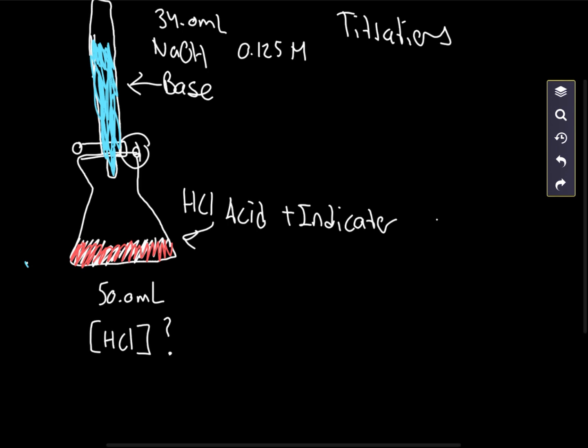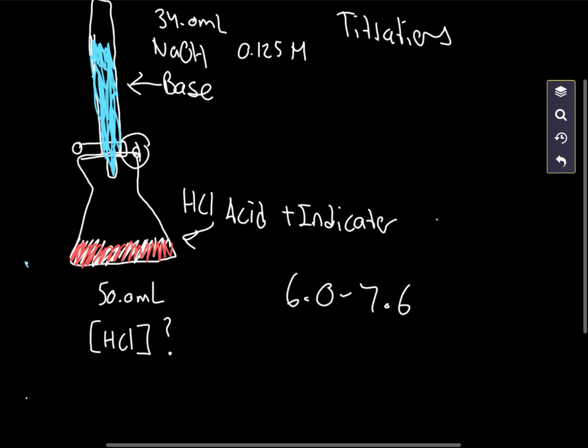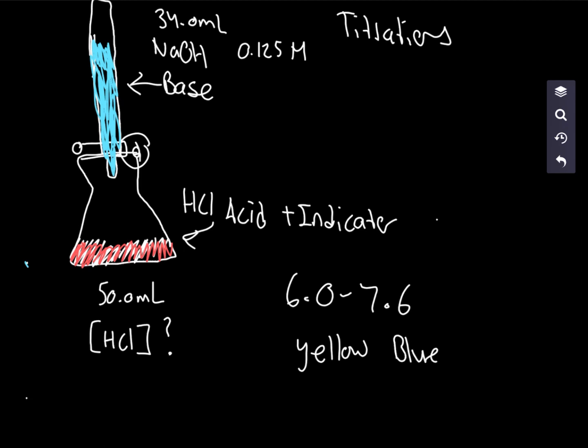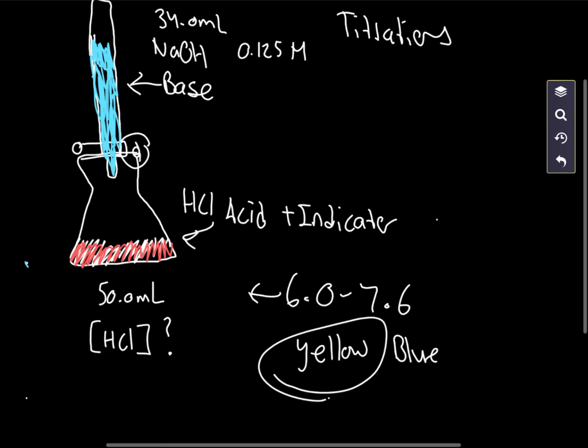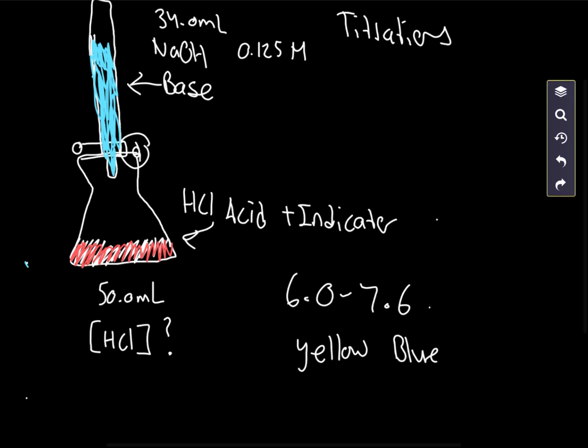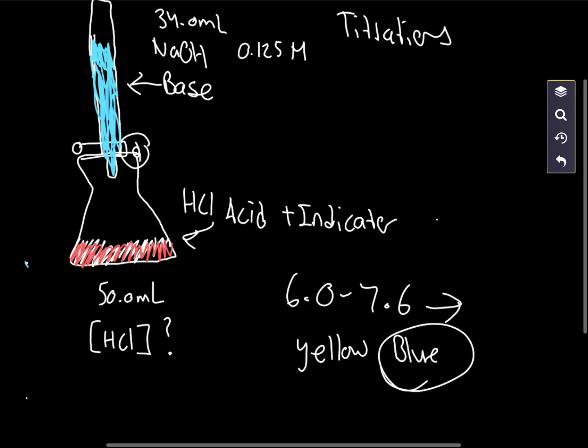For example, let's look at bromthymol blue. This changes color in a range of 6.0 to 7.6, from yellow to blue. Anything below 6.0 is going to stay yellow, and anything above 7.6 is going to stay blue.